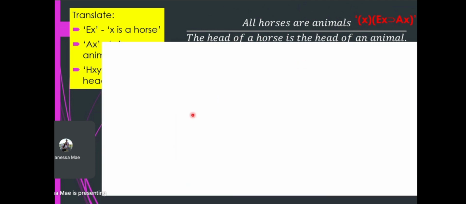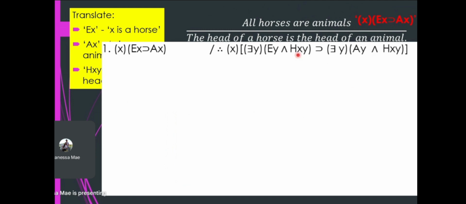In proving this, we have the given earlier, the premise and the conclusion.